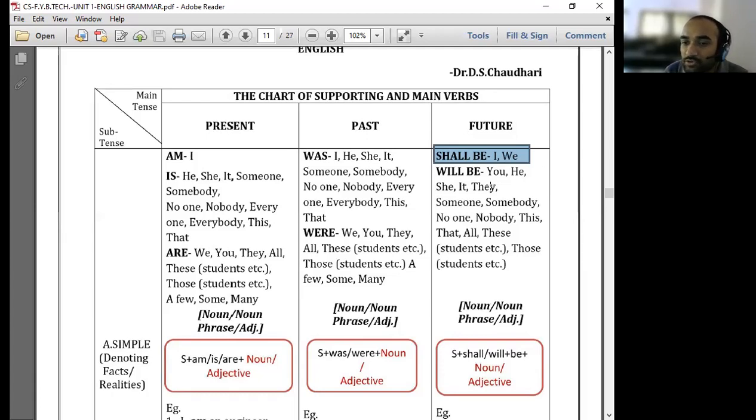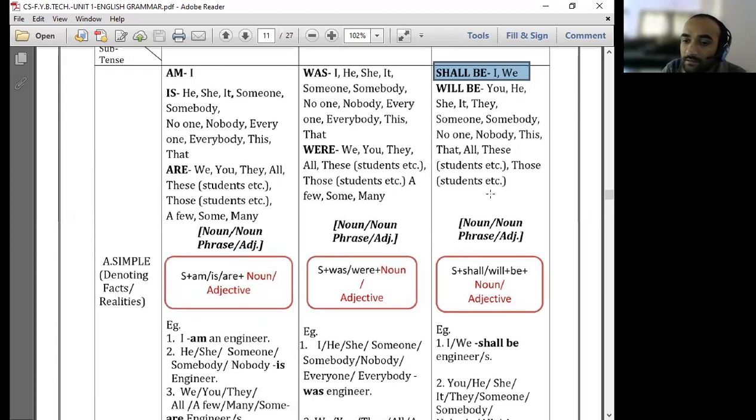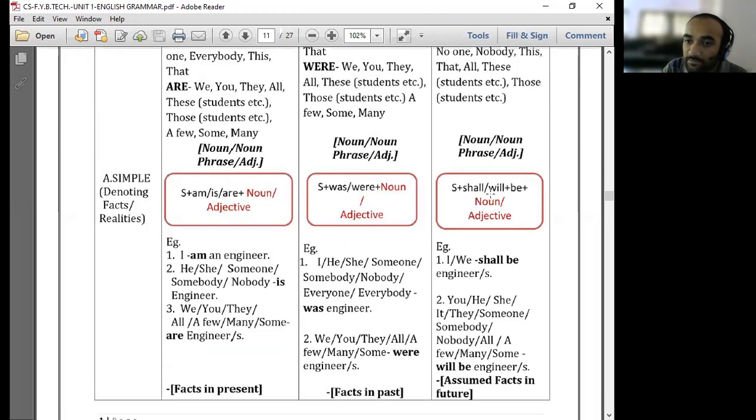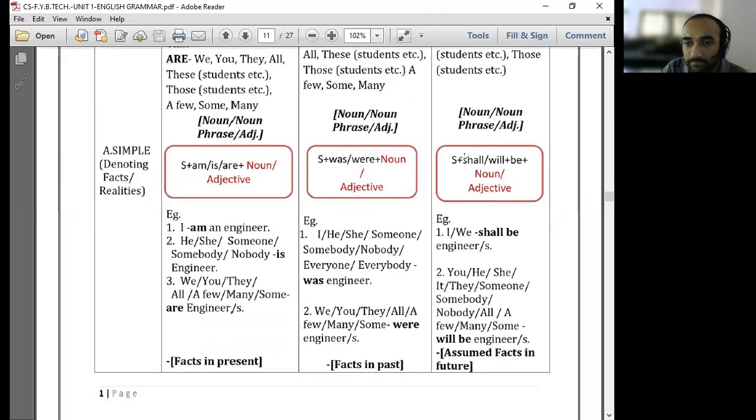So shall be is used in the simple future tense after I and we. Only after I and we do we use shall be. And will be is used after you, he, she, it, they, someone, somebody, no one, nobody, this, that, these, those. So this is about the simple future tense.